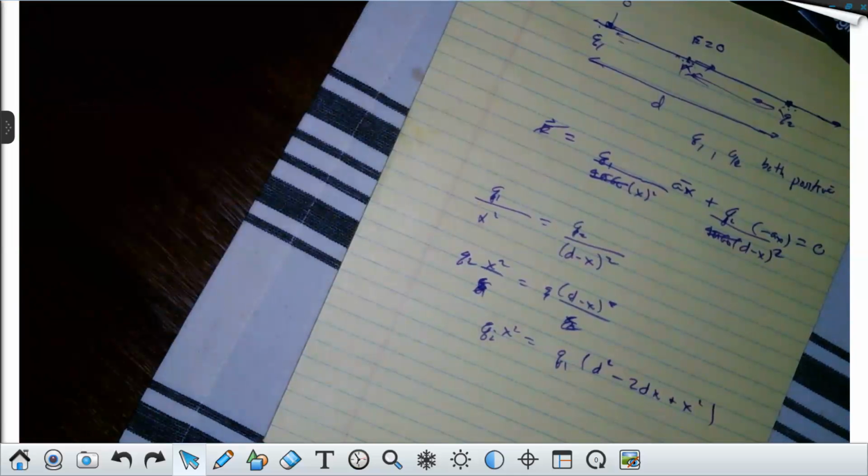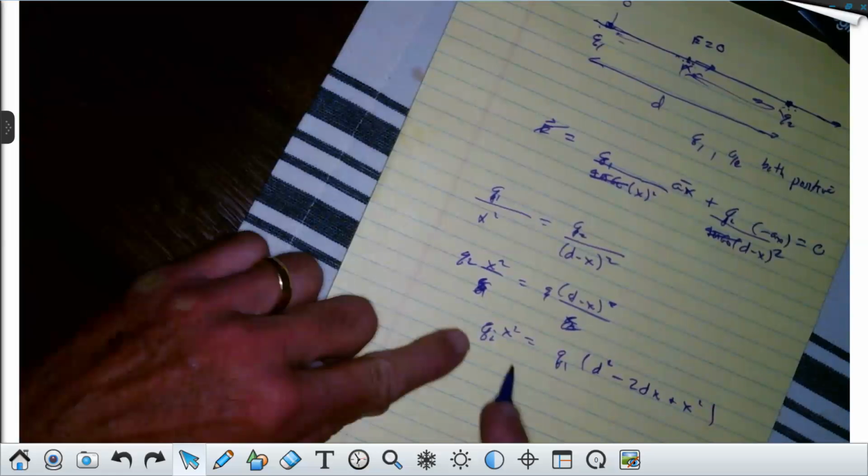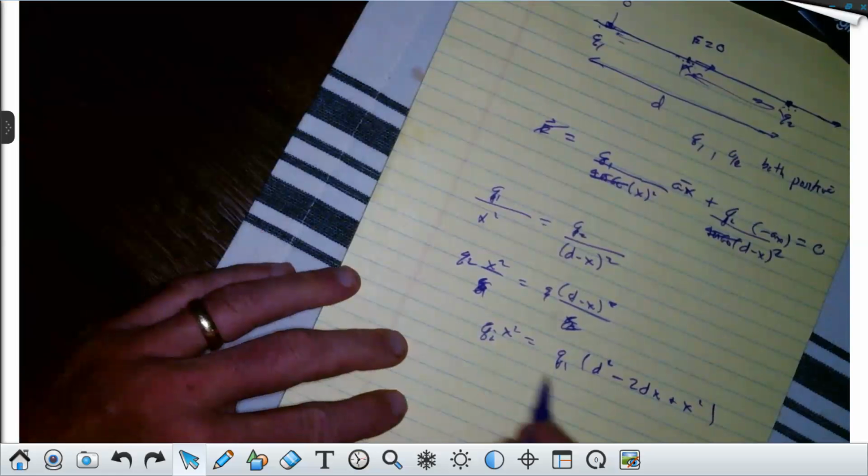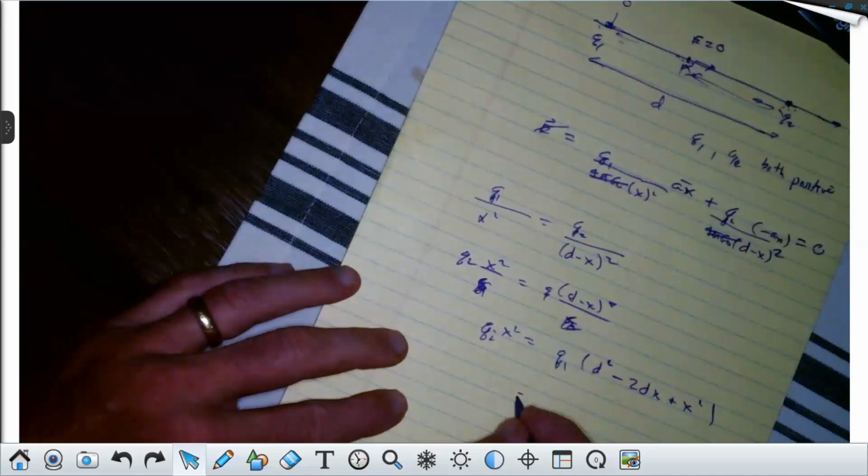Multiply it out and solve for x. You're going to get a quadratic equation. Do you all agree with that? You're going to get an ax squared plus bx plus c, and you set that equal to 0. You're going to take this term to this side, so I'm going to go ahead and do that. So here, for x squared, I'm going to have q1 minus q2, right?